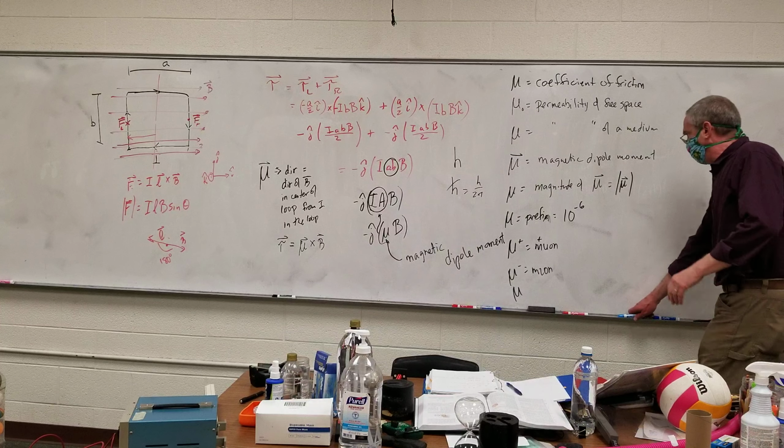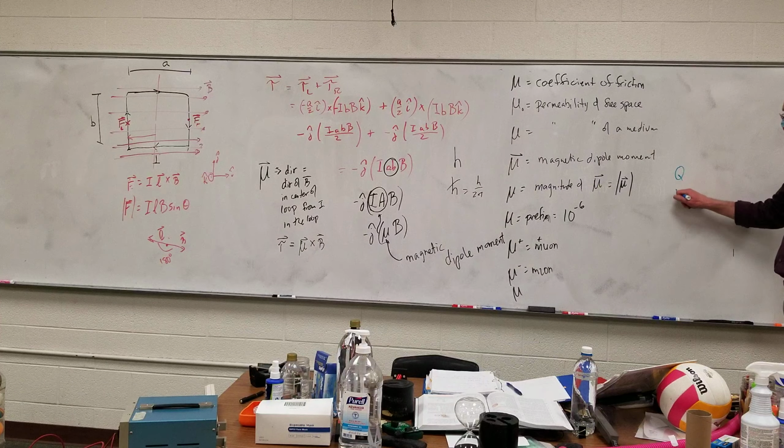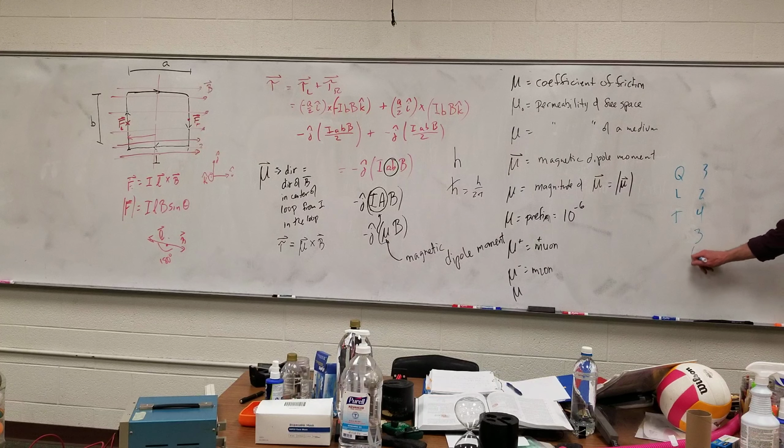So if you've got quiz, lab, test, the middle one gets counted twice, and test automatically gets counted twice, so it averages those five. If test is the middle one, so let's flip those around, the middle one gets counted again, and then test automatically gets counted again.